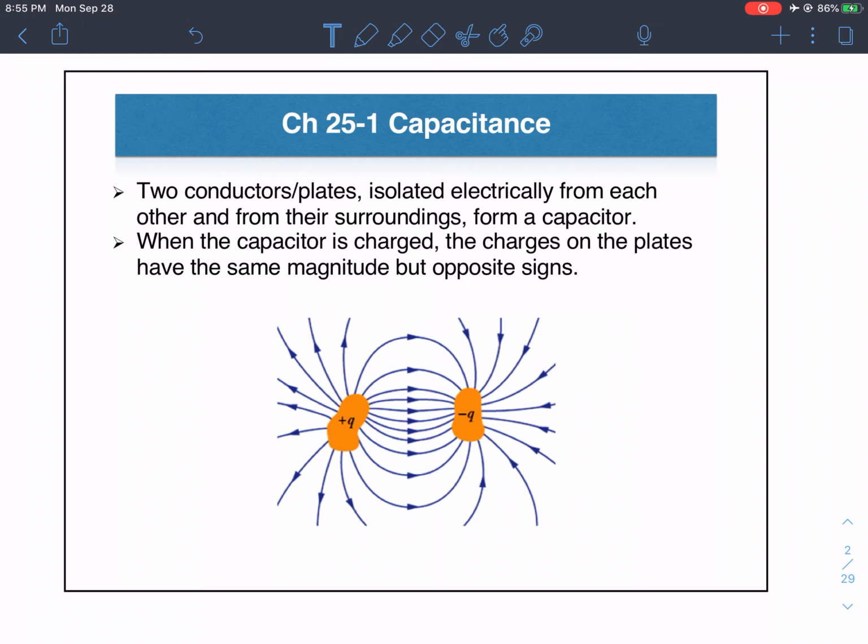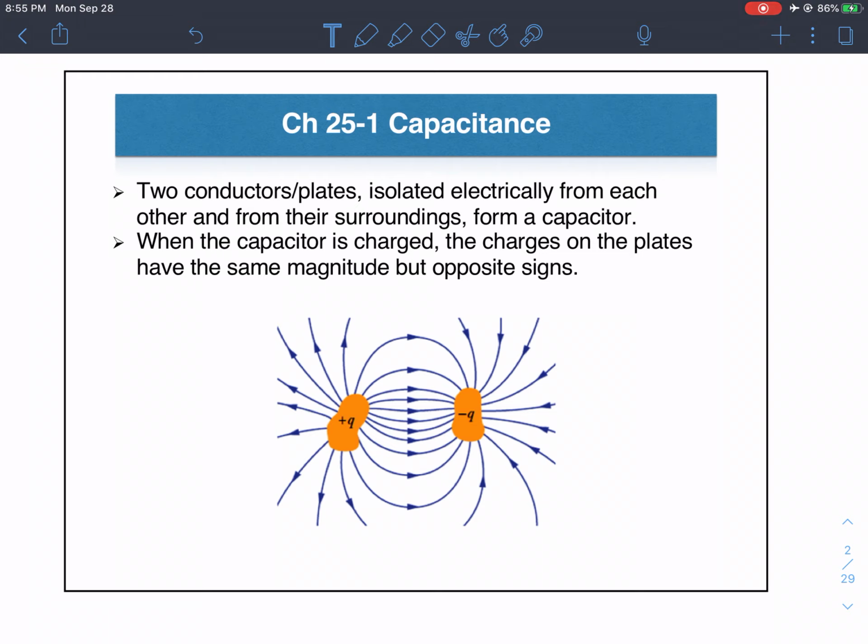And when the capacitor is charged, you can see the charged conductors here. The charges on the plates have the same magnitude but opposite sign. Okay, so we have a negative Q and a positive Q, and that's what makes the capacitor. And you can see those lines with the arrows are the electric field, right?